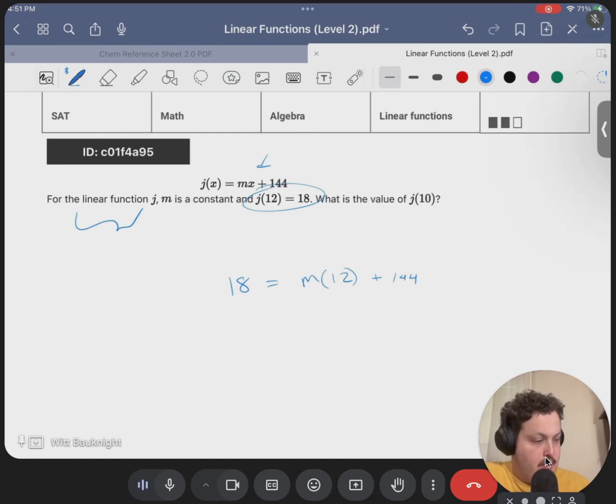Slope equals negative 21 over 2, or negative 10.5. So j of 10 equals negative 10.5 times 10 plus 144.